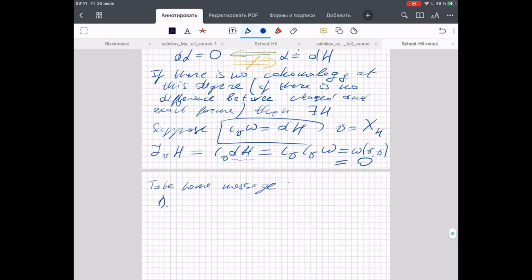First, a vector field preserving a symplectic form can give rise to a Hamiltonian. So it can be written in the Hamiltonian form here if some conditions are verified.